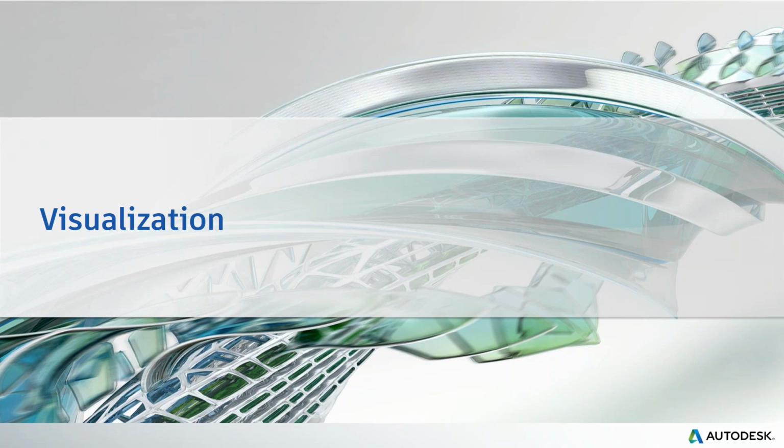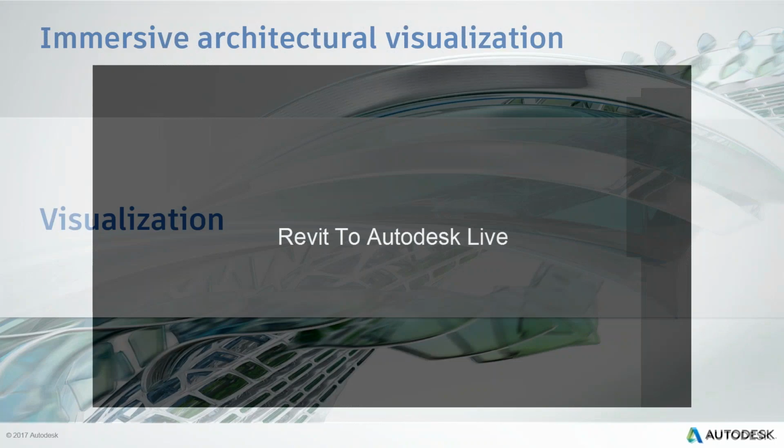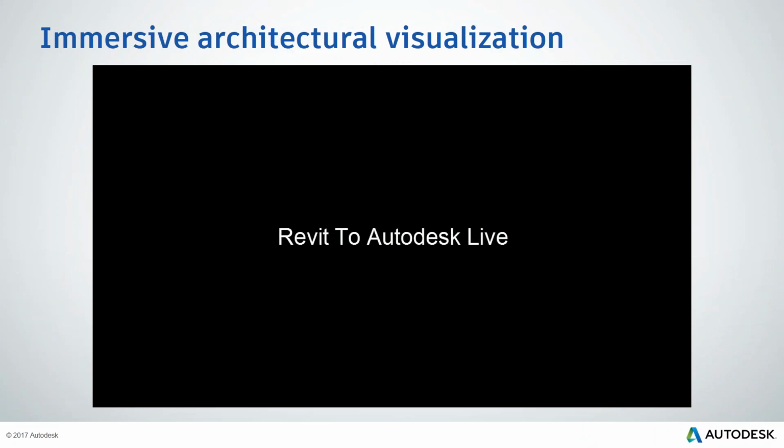Obviously, there are different tools offered by Autodesk for visualization. However, here I want to show you two easy and quick-to-learn tools which will help you present your design. The first one is how we can create really immersive architectural visualization.